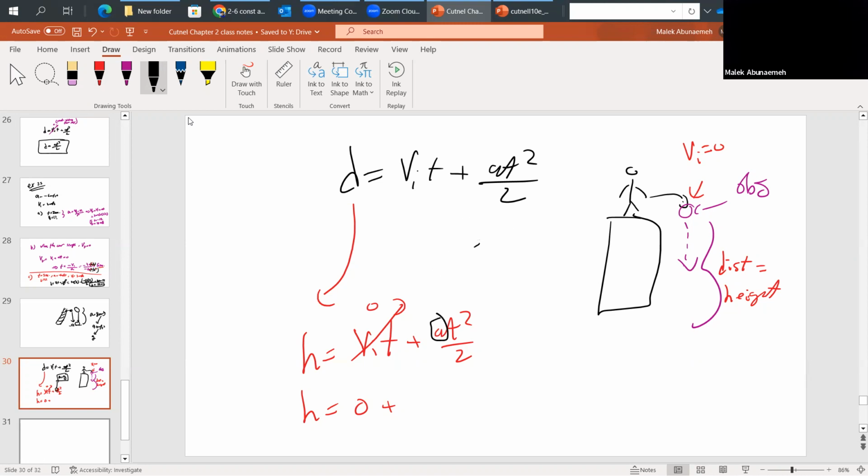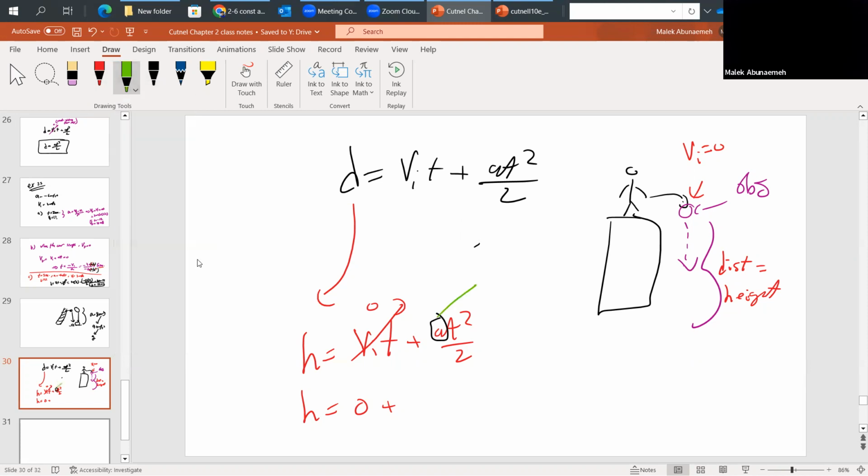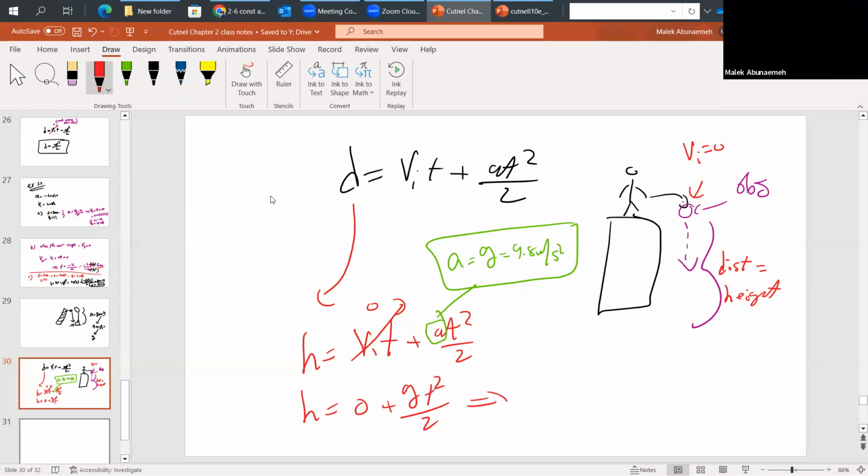Let me get a different color so you will see it better. This acceleration is going to equal g, which is going to equal 9.8 meters per second squared. So you can substitute this for g times your time squared divided by 2. That means your height is going to equal g t squared over 2.